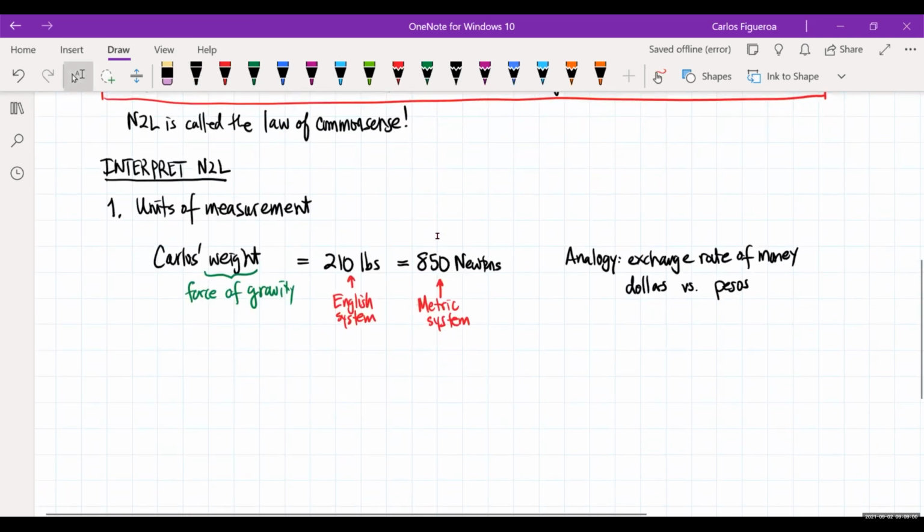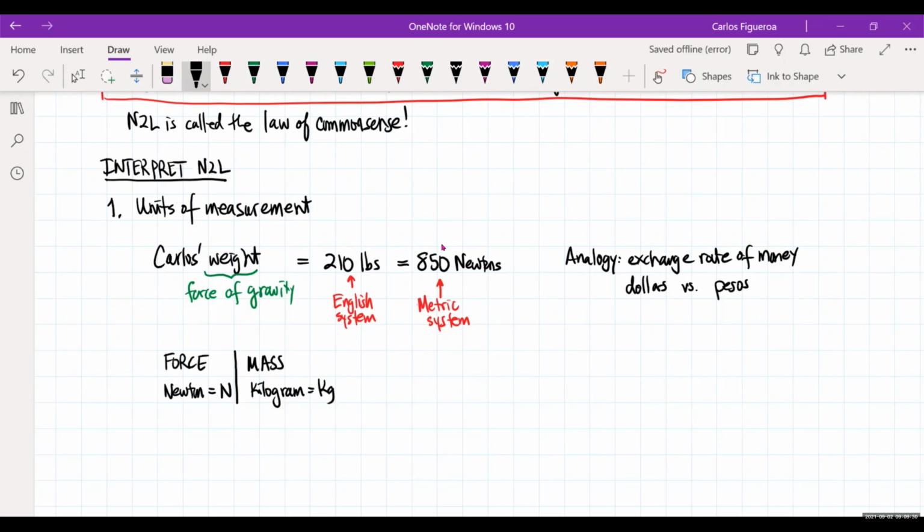So here's what we find. When we look at the metric system, there's a unit of force. That unit of force is what we call a Newton. And we typically write a Newton with the symbol N. And then we have a second unit, mass, which is known as a kilogram, or kilo, or kg.